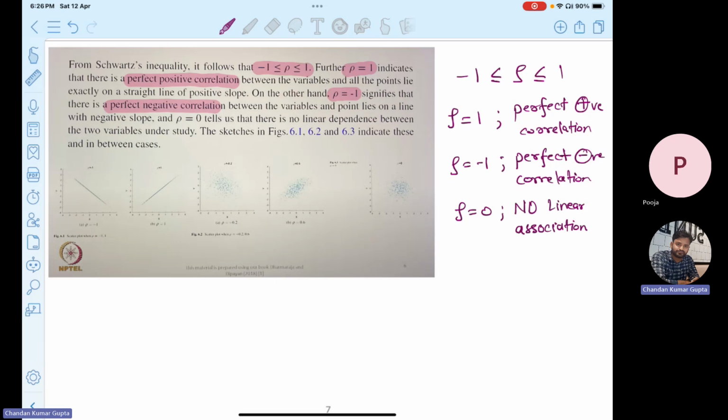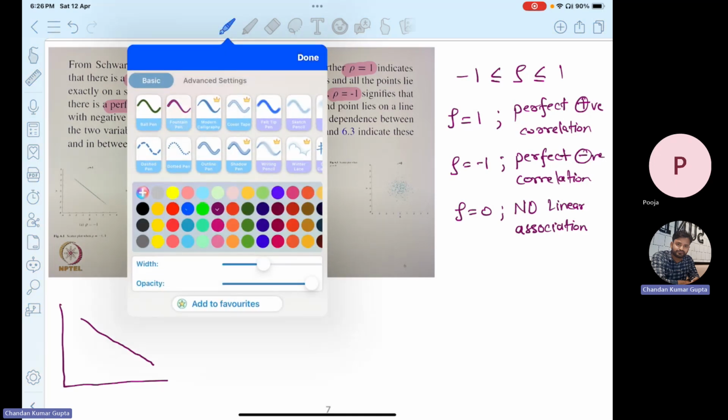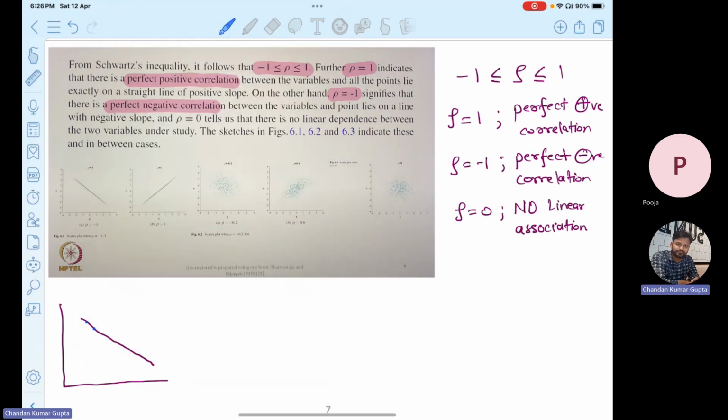Here we can see from the curve that we draw a straight line and all the points lie on the straight line. So the points, the curve and the line perfectly overlap on each other, which means it is highly correlated. Perfect correlation.